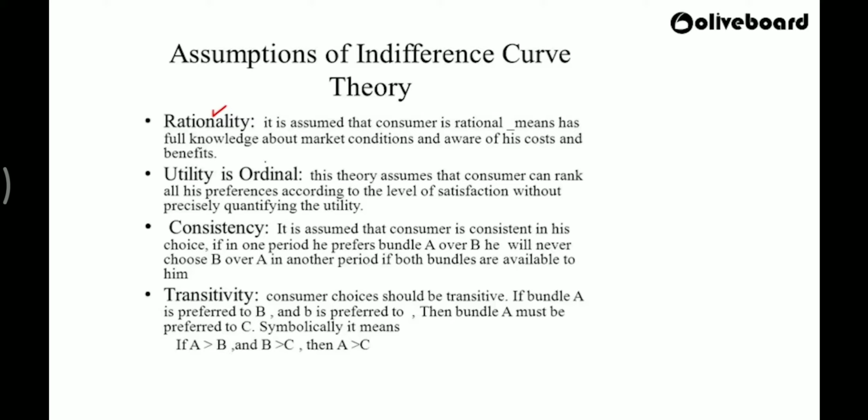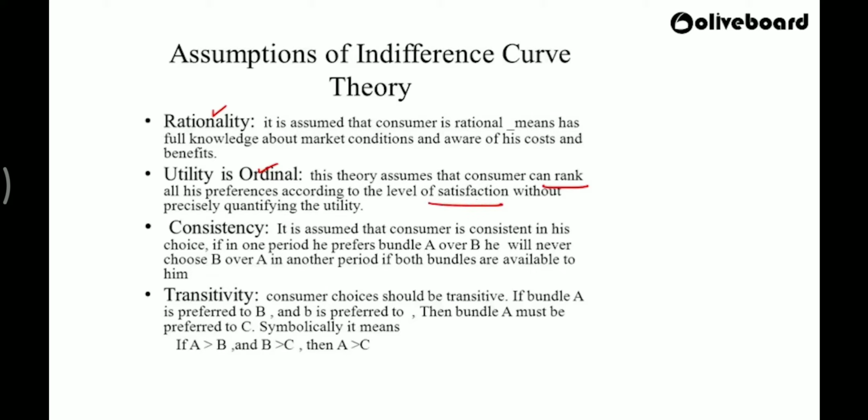Next, utility is ordinal. Again, it is based on the preferences. It is not measured in terms of money. Based on your level of satisfaction, you can rank. This one I will be very happy with, this one okay, and like that you will be able to rank all your preferences according to your level of satisfaction.